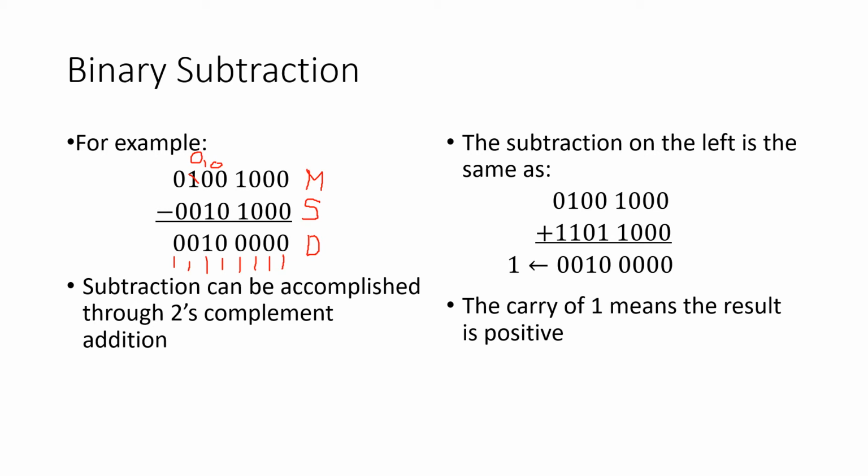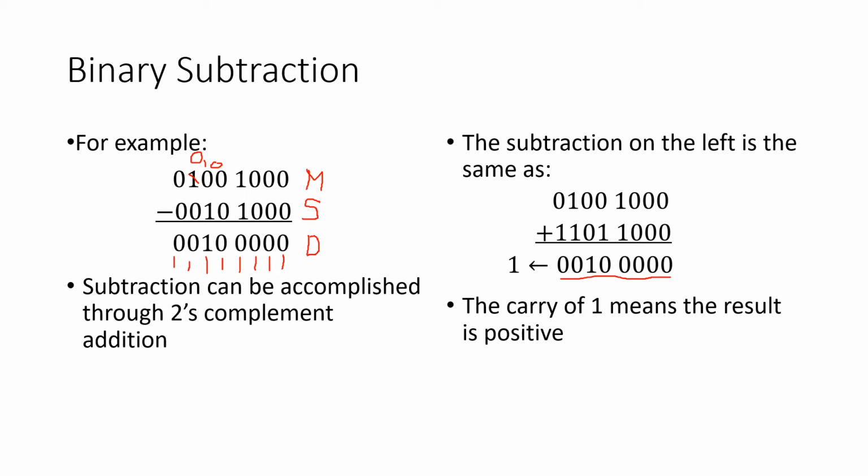Now, subtraction can also be accomplished through 2's complement addition. If I take the minuend 0100 1000 and add to it the 2's complement of the subtrahend, note that the result of the subtraction is the same.